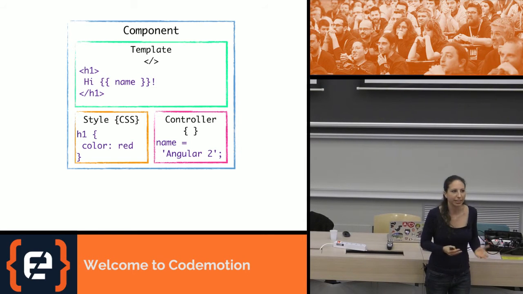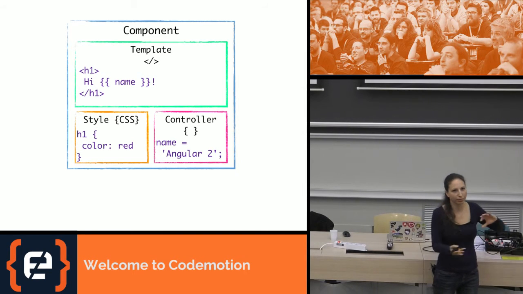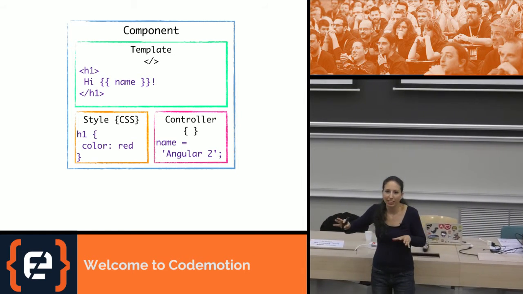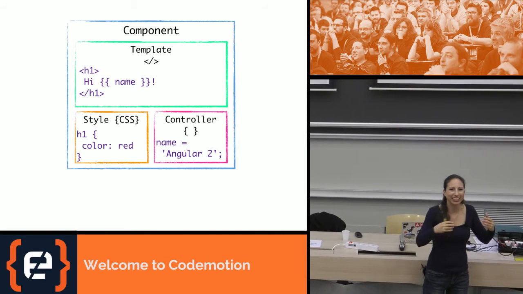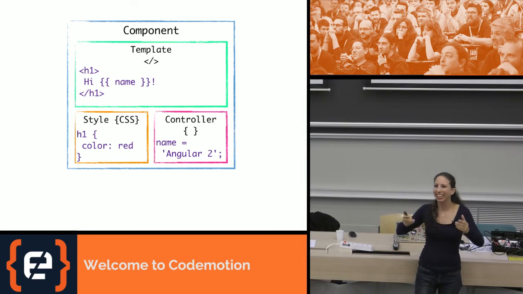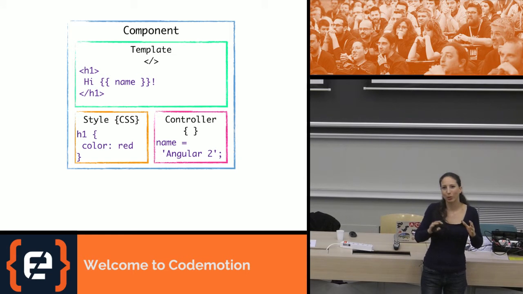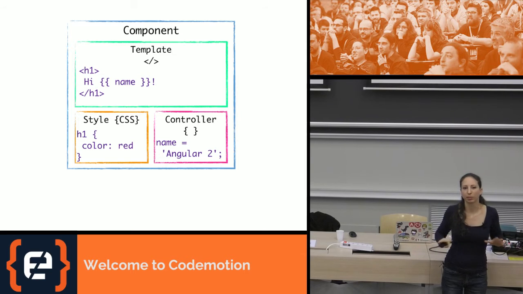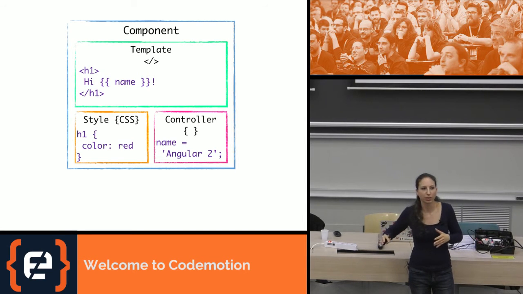But then they said, okay, now we want to have a different theme to the application. It's kind of themed white. We want the user to be able to switch it to a dark theme. So now with the style encapsulated with each of the components, they had to go inside each one of them and change the style according to the theme. So be careful with that. You can still give a global theme to the application in a global style sheet, and it will be valid to all the components.